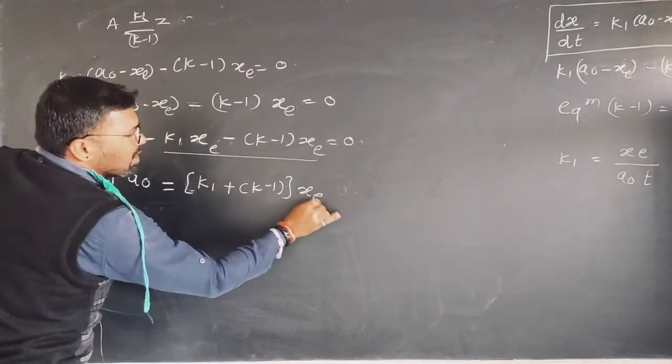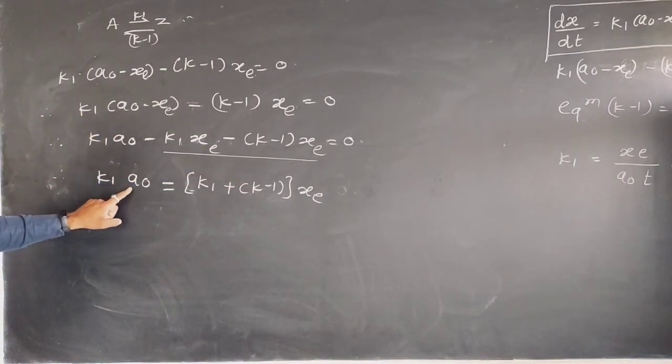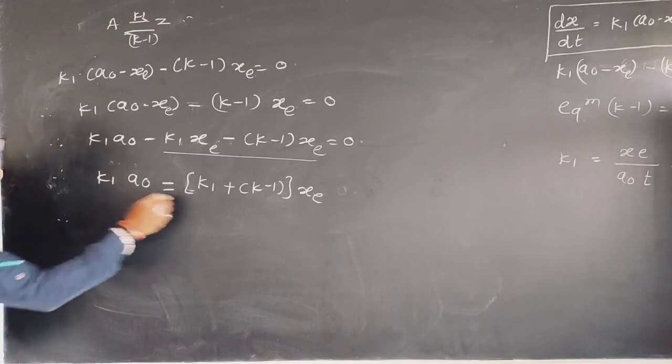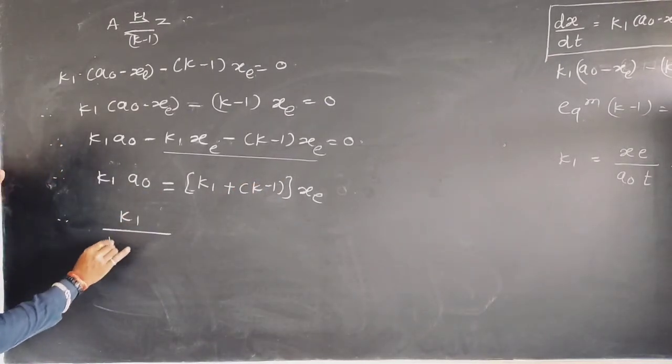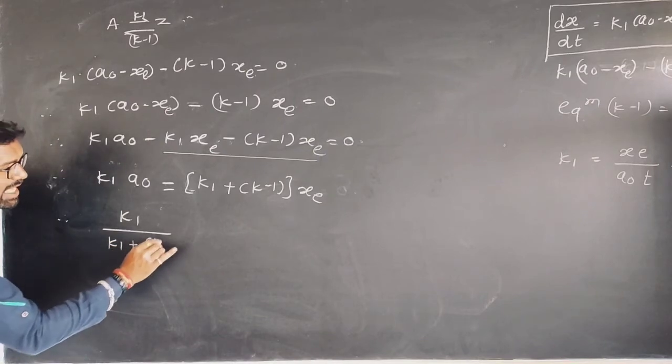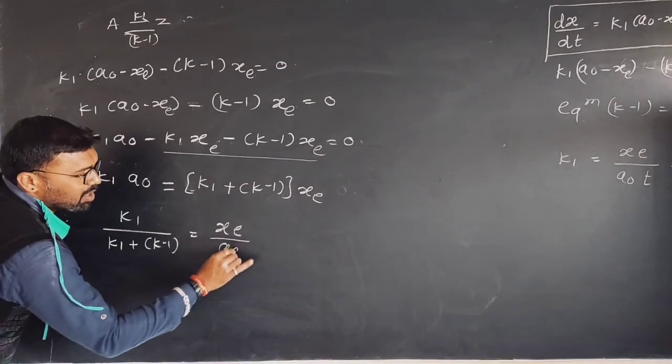Now I want to find the value of Xc upon A0. A0 goes to the other side, this term comes to this side: K1 upon K1 plus K minus 1 is equal to Xc upon A0.